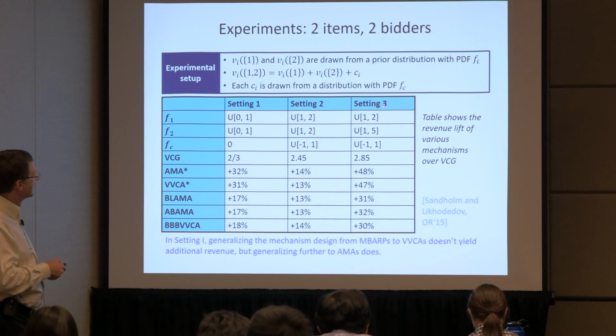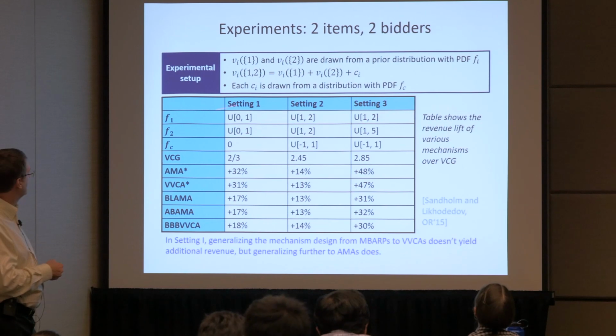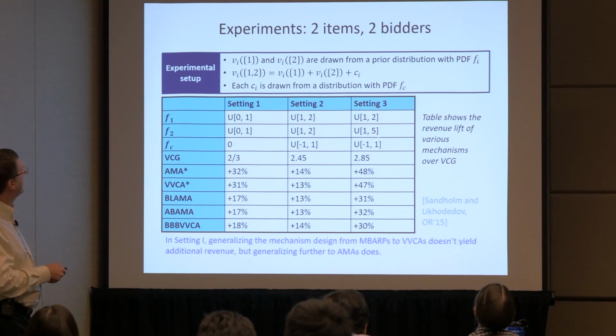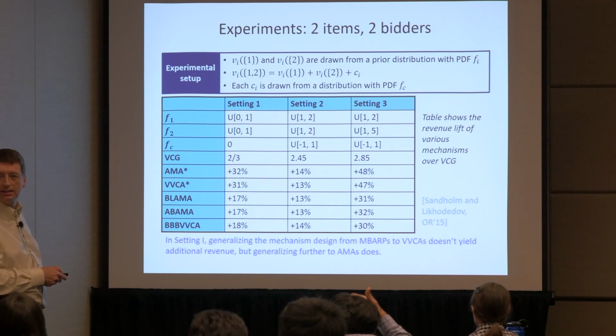Setting 3 is an asymmetric setting where we have F1 be between 1 and 2, F2 be between 1 and 5. So basically what we have here is a strong bidder 2 and a weak bidder 1.